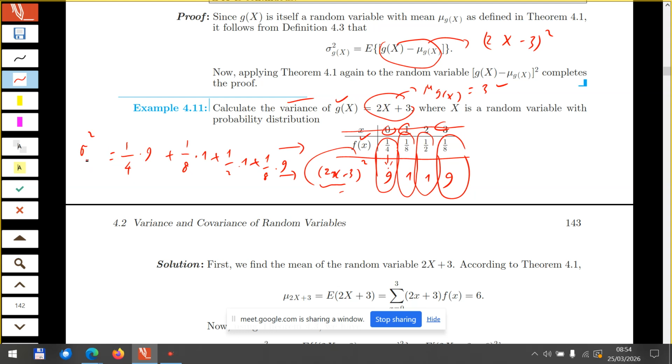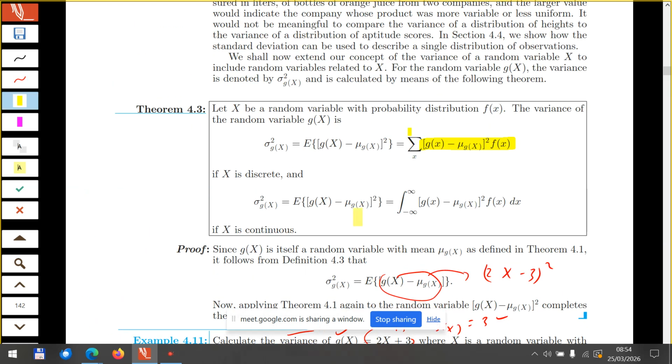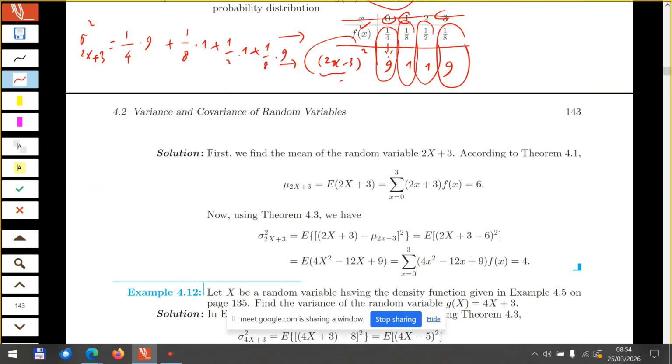Variance of what? Write it down. 2x plus 3. So the reason I did it this way, because I want you to remember how to apply this formula in the most basic form. Now what he has done in the example, he has applied the trick where you apply the linearity, you expand it, and then you have that simple formula.